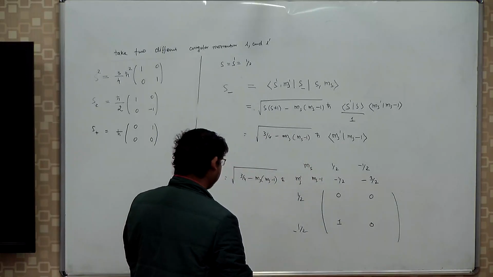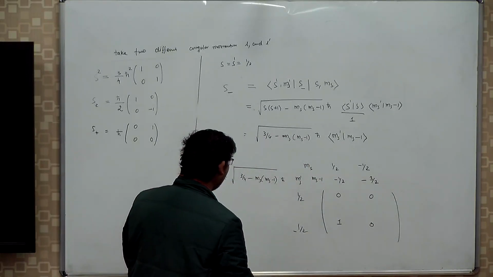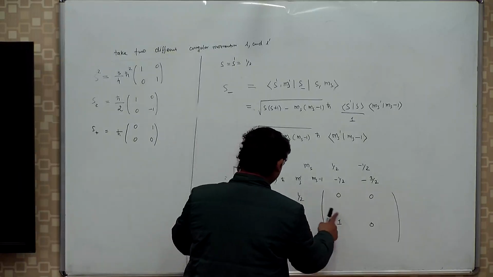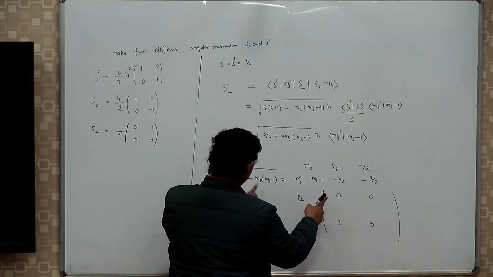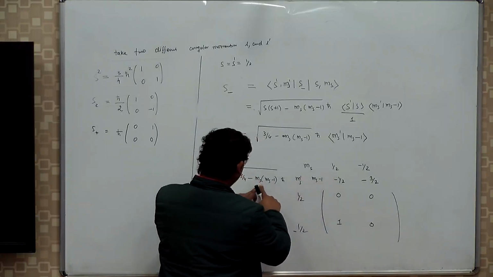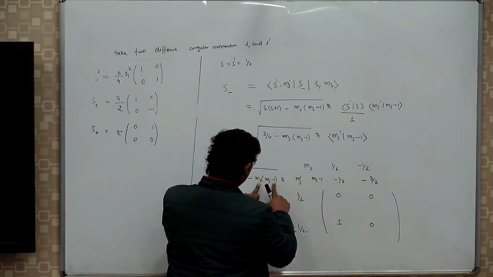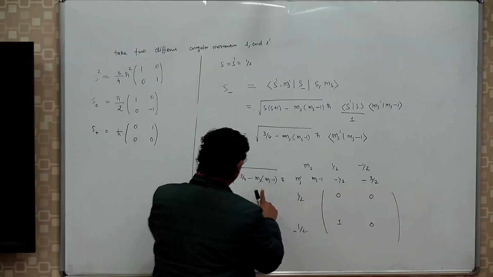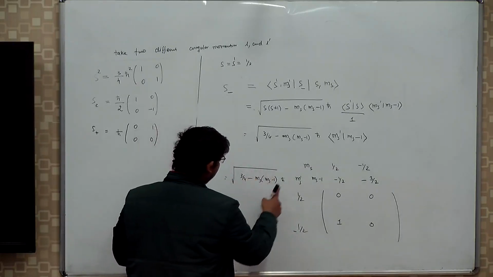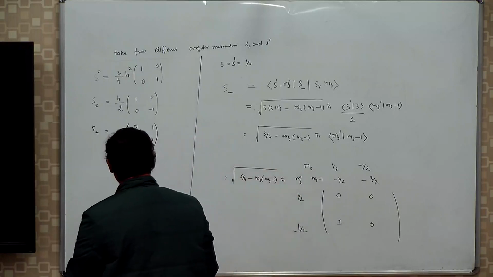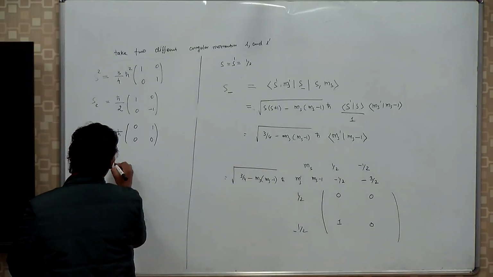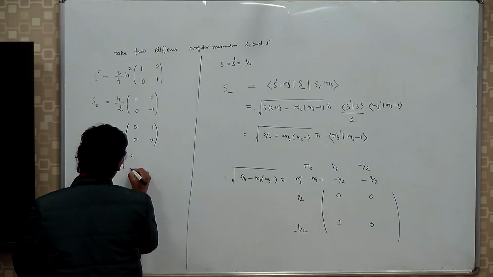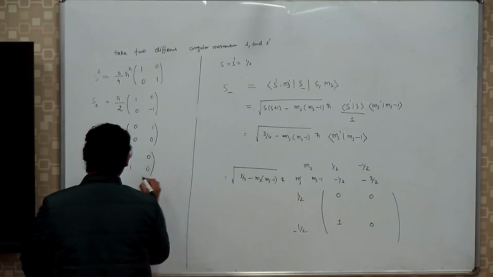Then for finding the coefficient of this particular term, 3 by 4 is already there, then ms value is 1 by 2, 1 by 2 and 1 by 2 minus 1, so minus 1 by 2, again this will become coefficient 1. So S minus is nothing but h cross times 0, 1, 0, 0.